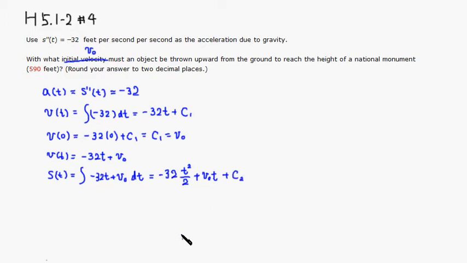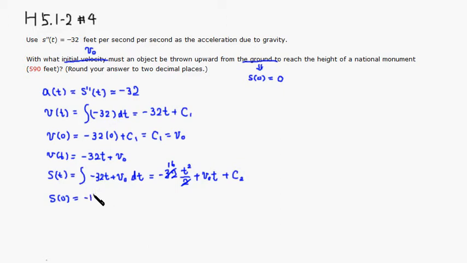Now I need to simplify this. 32 divided by 2 is 16, so it's negative 16t squared plus v0t plus c2.